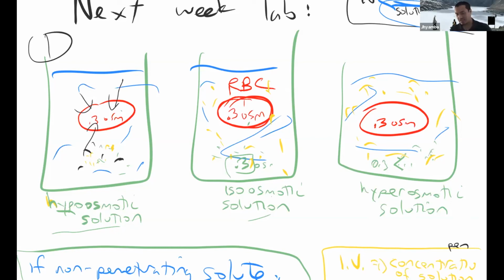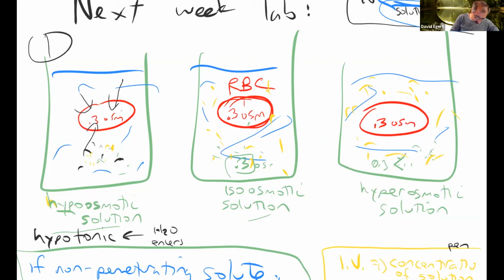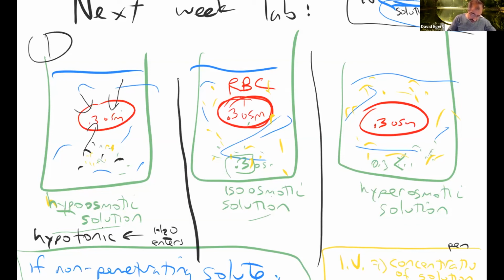Remember the solute kind of draws in the water. So if the water comes in, we say it's a hypotonic solution. Hypotonic means H2O enters the cell. So tonicity is not exactly osmolarity, as we're going to see in a few moments. If we have the same osmolarity inside and outside, which way is the water going to go?